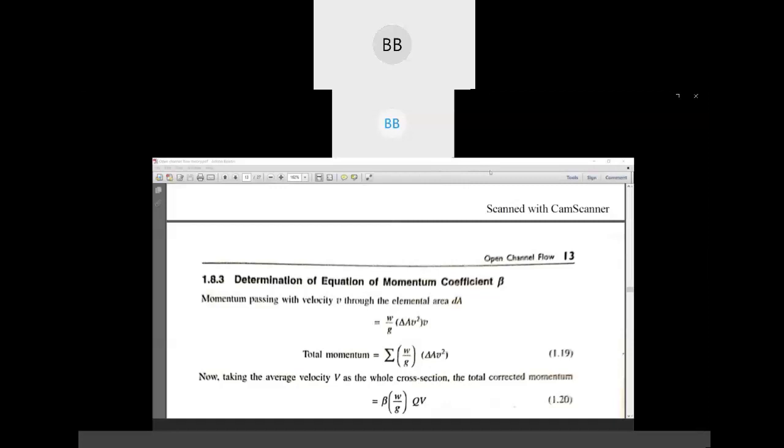The derivation is very much similar to alpha. For momentum coefficient beta, the derivation is similar to alpha.